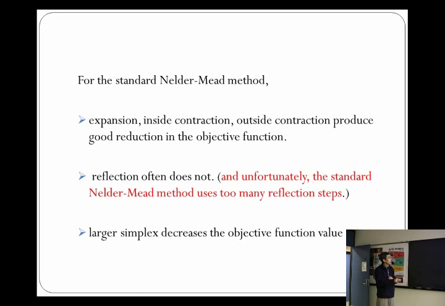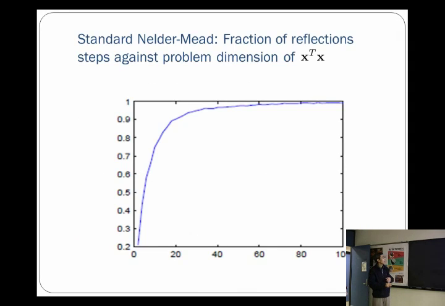The sufficient decrease is not active. And numerically, we indeed see that we use too many reflections when the dimension is higher. That's half theory, half computational explanation.